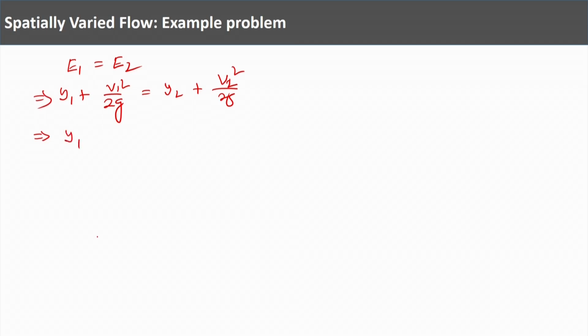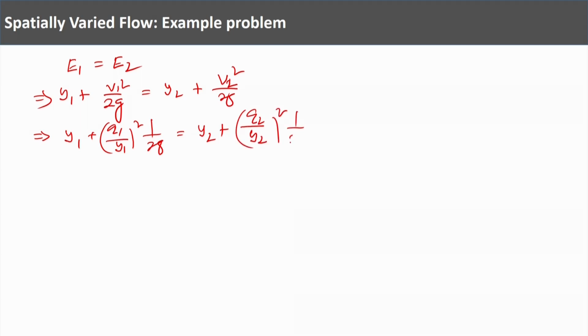This is Y1 plus q1 by y1 whole square times 1 by twice g, which is equal to y2 plus q2 by y2 whole square times 1 by twice g.